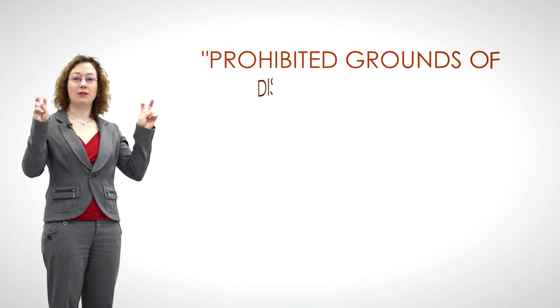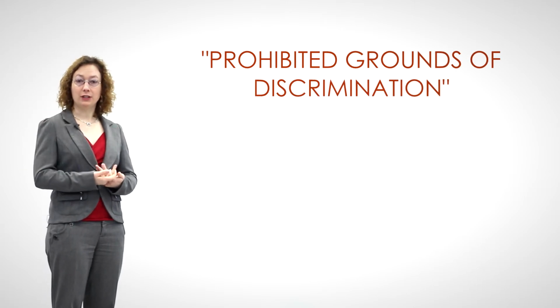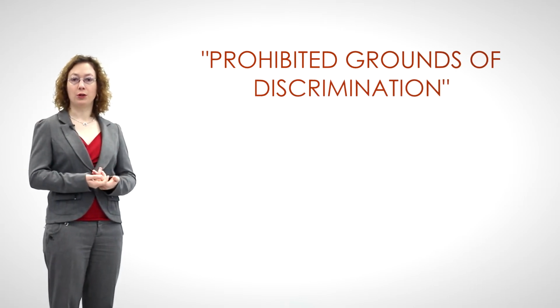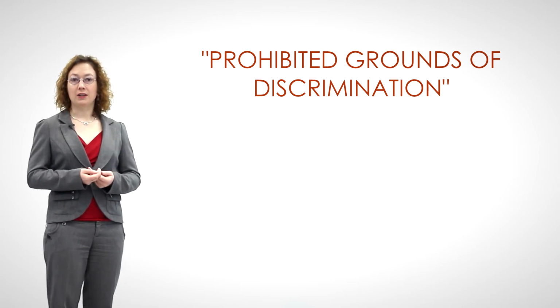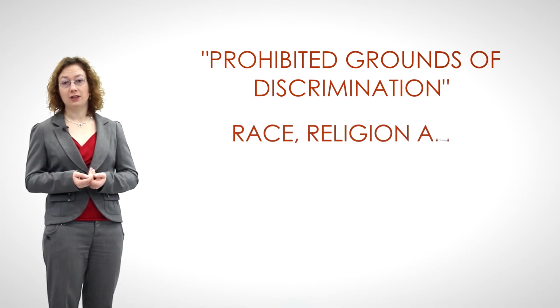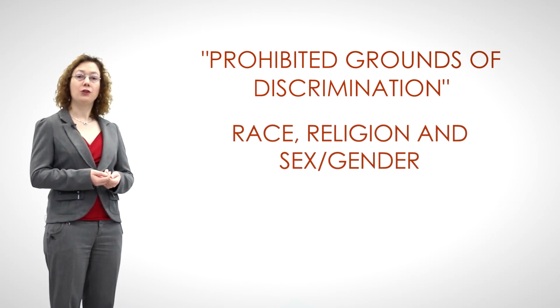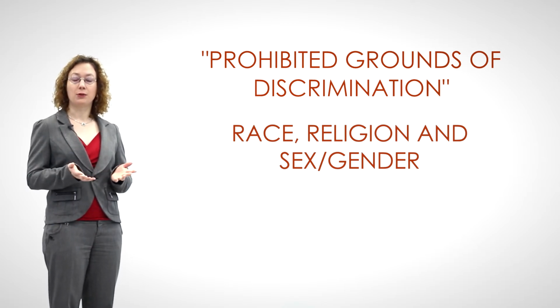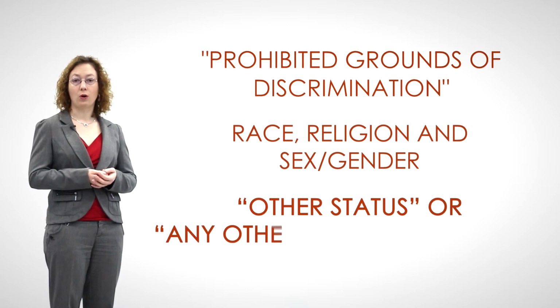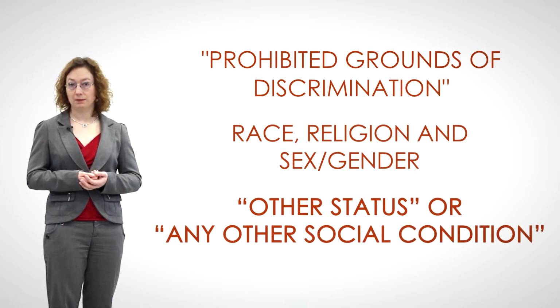Doctrine and case law call the list of prohibited distinctions prohibited grounds of discrimination, included, for example, in Article 2.2 of the International Covenant on Economic, Social and Cultural Rights just quoted. Traditionally, these grounds have been race, religion, and sex or gender. Human rights treaties usually contain open lists of these grounds by including a final category that comprises other status or any other social condition.